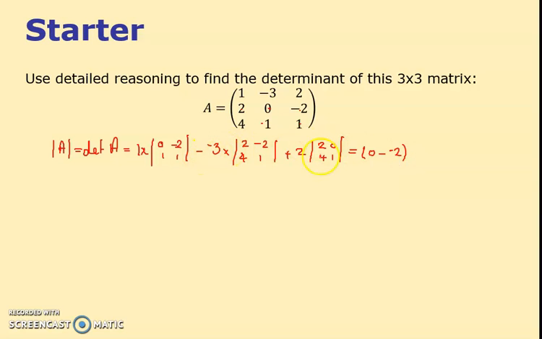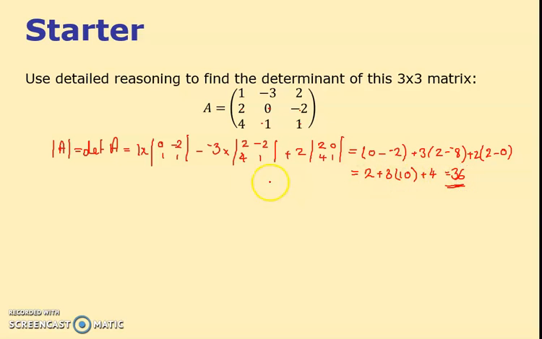And then plus 3 lots of 2 minus a minus 8, plus 2 lots of 2 minus nothing. So what does that give me? That gives me 2 plus 3 lots of, I think that's 10, plus 4. So 34, 36 is what I get as my answer.